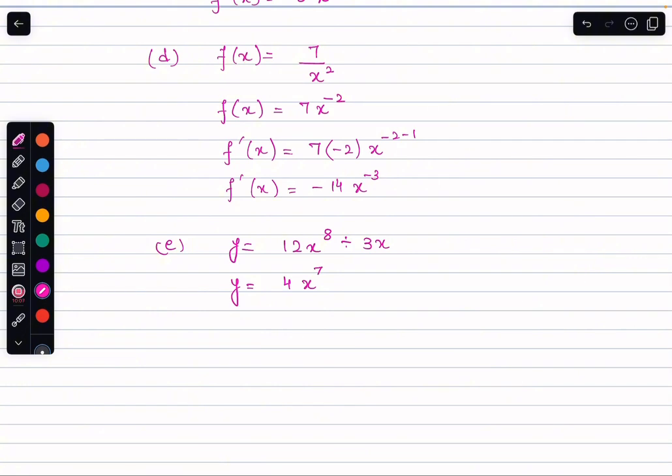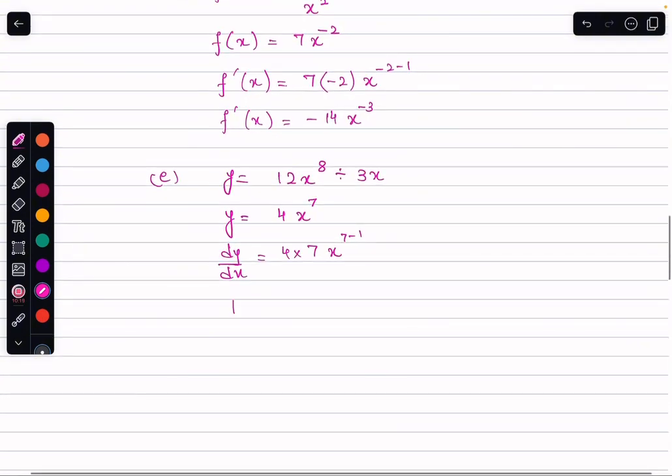So now simply I will be getting my dy by dx, and this will be 4 times 7 giving me a 28, and x here should get reduced by 1. So I can very easily say that my dy by dx here is going to be 28 x to the power 6.